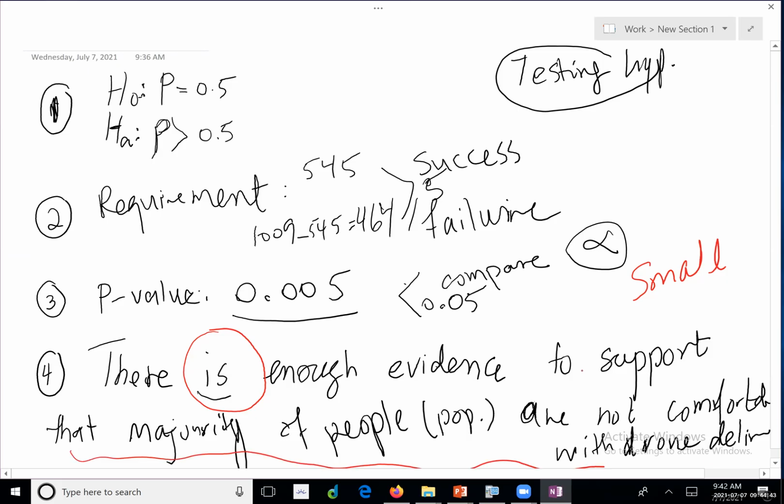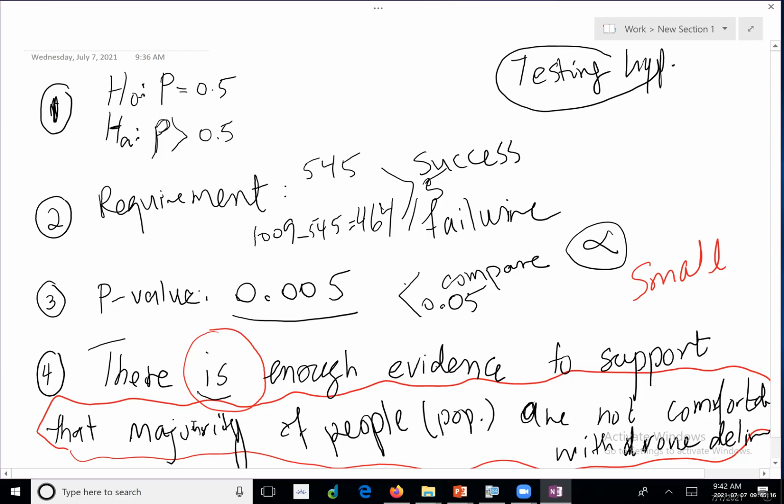The parts I circled in red depend on the outcome of the question. Majority of people are not comfortable. Any questions so far?